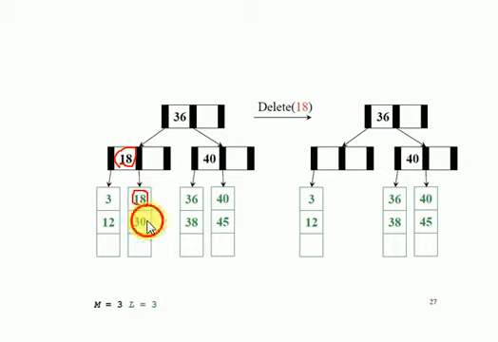Now particularly this node becomes deficient because it will contain only 30, and it is a B plus tree of order 3. So ideally this node is deficient, so what I'll do, I will join this 30 at this line. So this 30 will come here.